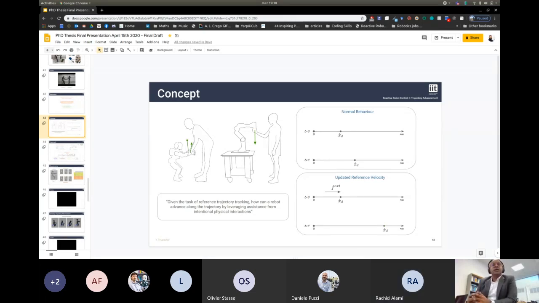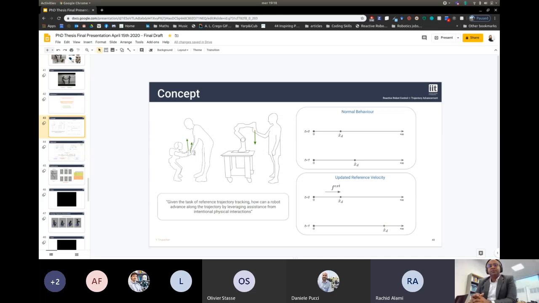It's not like a planner-directed updated reference. When I say plan, I mean there is a task running already. Yes. The robot is already performing a task, which has been planned or programmed.